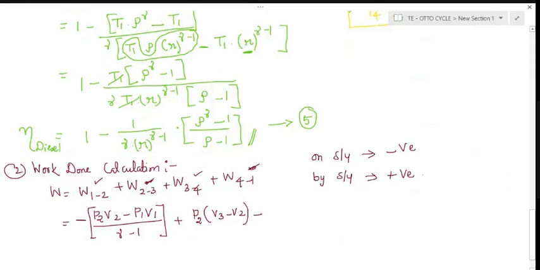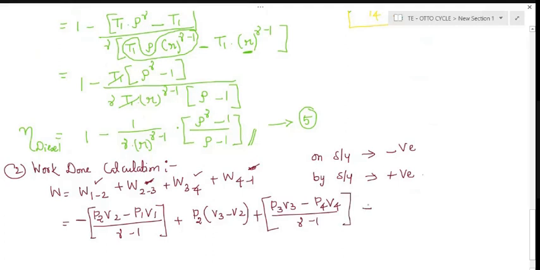Okay, and for the expansion process, which is work done by the system, you can use a positive sign: P3 V3, since the volume is higher here, minus P4 V4 divided by gamma minus 1.